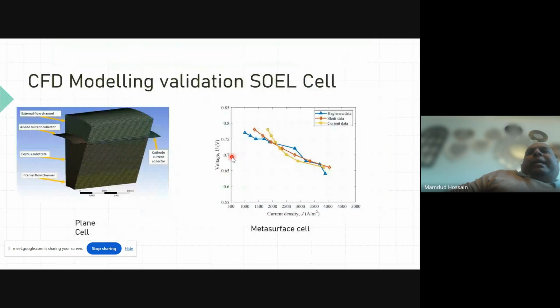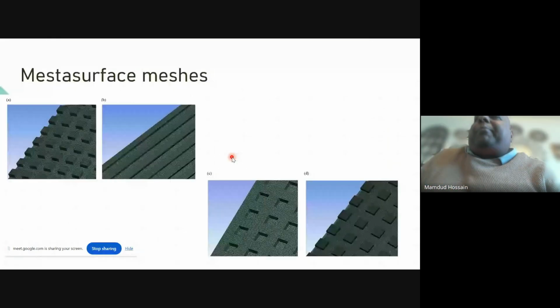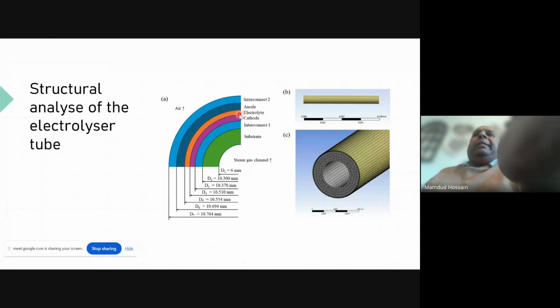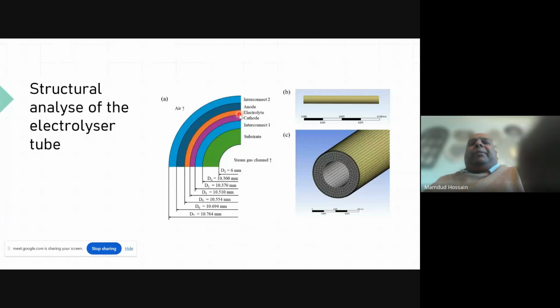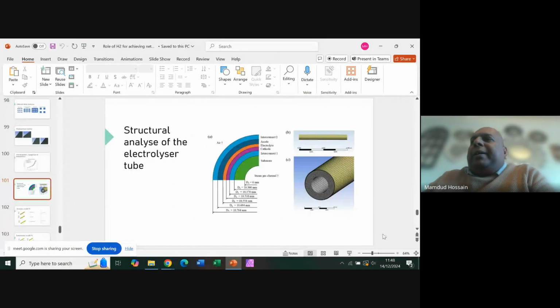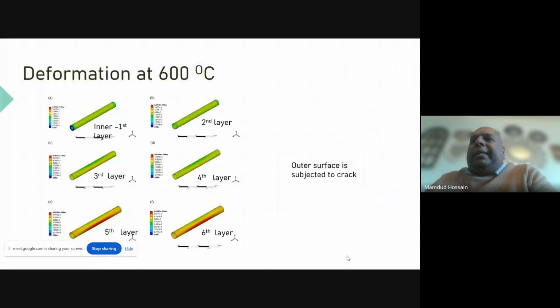Another problem we have is that we have different types of material for cathode, electrolyte and anode, and these don't have the same thermal expansion coefficient. If you don't have the same thermal expansion coefficient, they will expand at different rates and can produce different types of thermal stress, and that we observed in our modeling here.